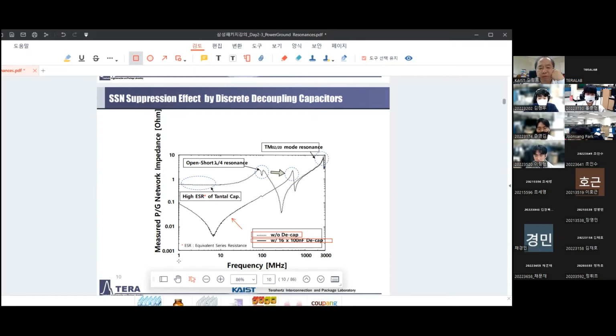We measured from 1 megahertz to 3 gigahertz. If I were to repeat this, I would extend it to 30 gigahertz. But first, you see that when we do not have decoupling capacitors, your PCB has quite high impedance, maybe 500 milliohms.